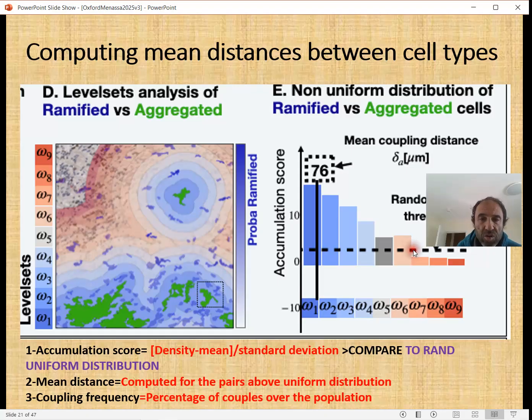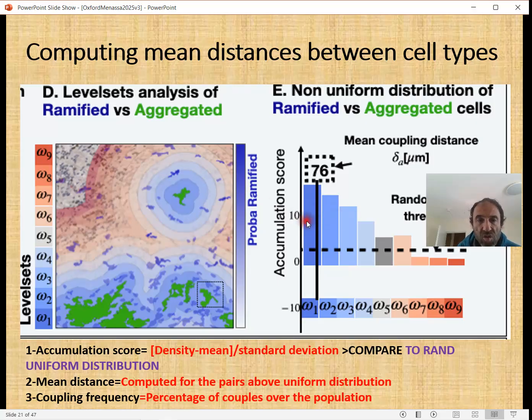It corresponds to the case of a uniform distribution of cells, and what is below this threshold is considered to be randomly distributed. While if the number is above this threshold, it is an indication of a non-random accumulation.